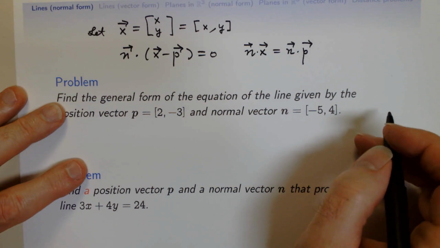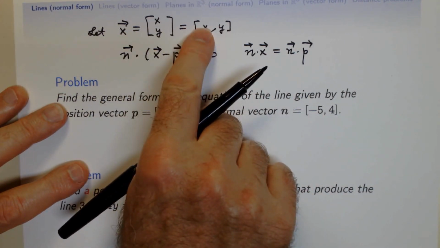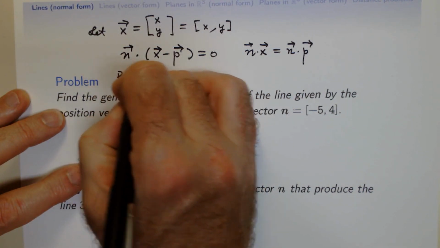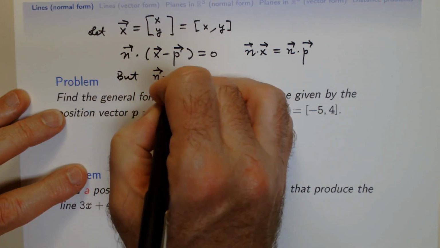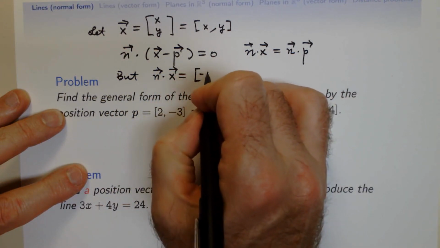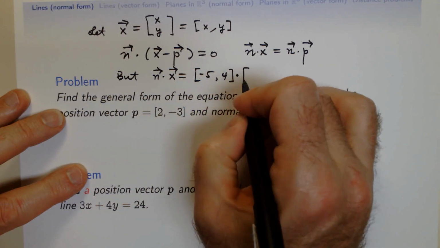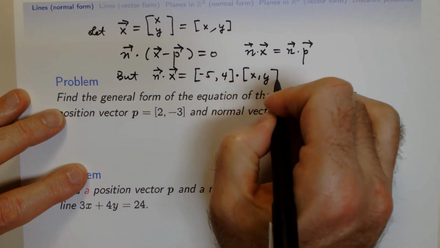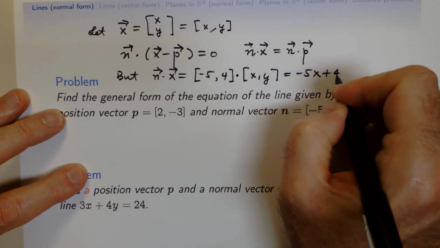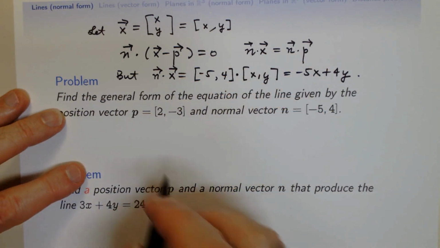All right, let's do some calculations. If I take the normal vector and I dot it with x, let's see what we're going to get. We've got negative 5, 4 dotted with x, y, and that's going to give us minus 5x plus 4y. So we've got that side done. Let's do n dot p.